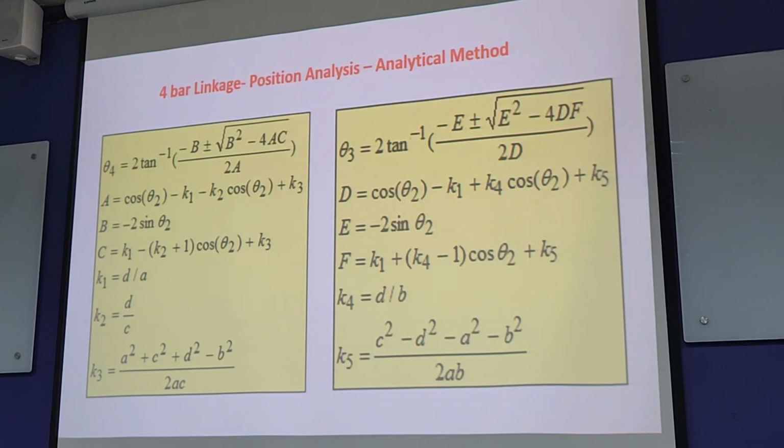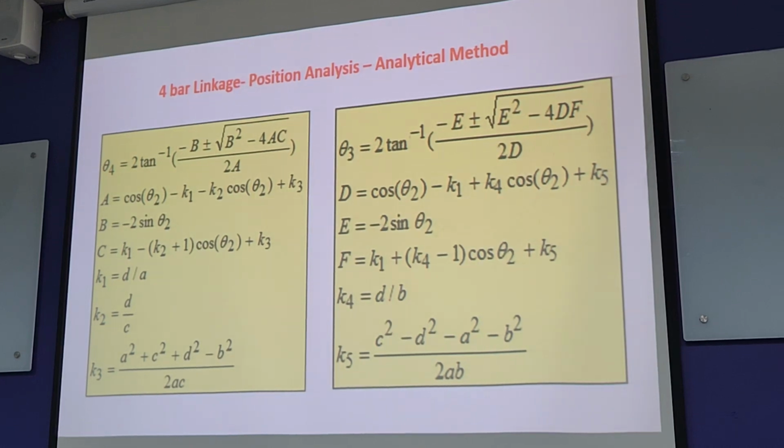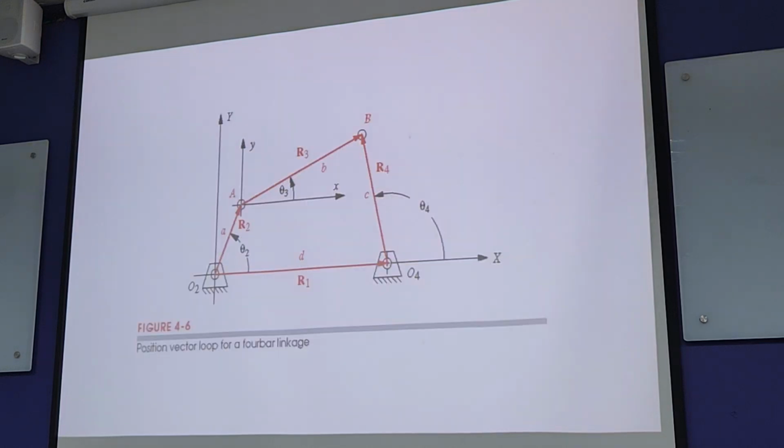This is a difficult, time-taking calculation. But when you do the same thing using the geometric position analysis, drawing the sketch, it will be straightforward. You can get the answer theta 3 and theta 4 without doing all this calculation, just by drawing the simple sketch as shown earlier.